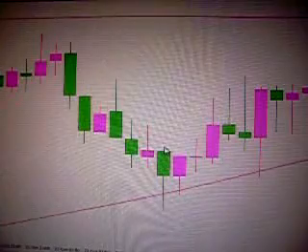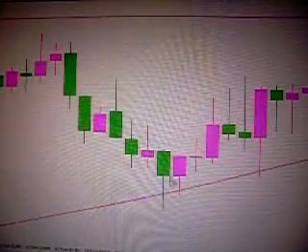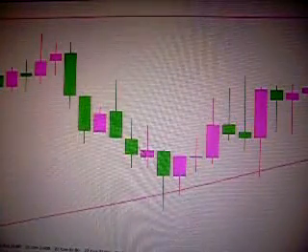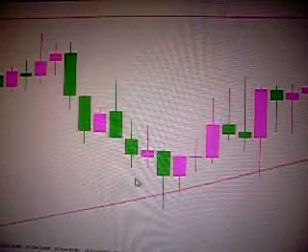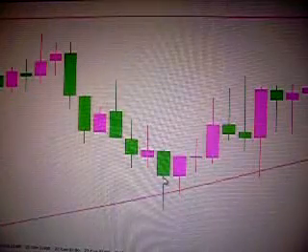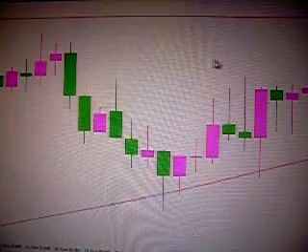Once you get a valid reversal candle, here you have a hammer. This is your confirmation. Price is falling nicely here, and you already know that you are in a bullish market. So at that point, you want to go long, and again, this is on the hourly chart.